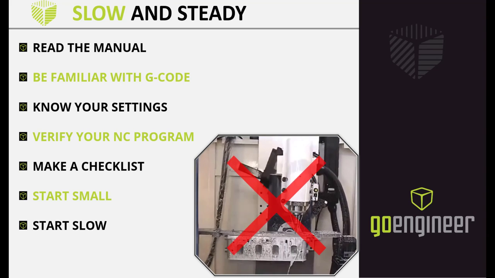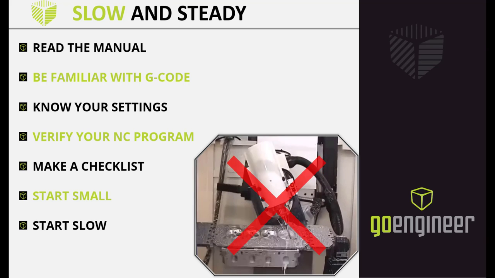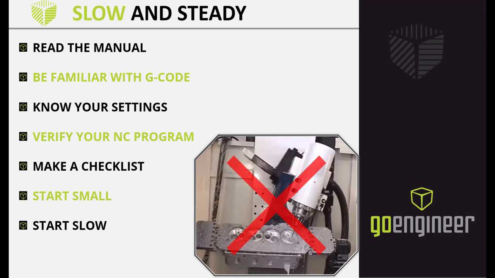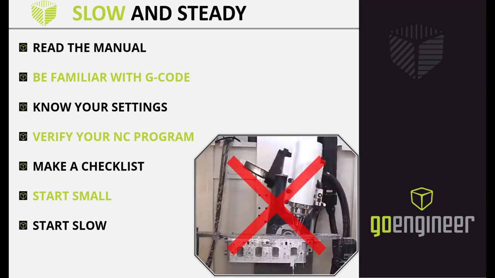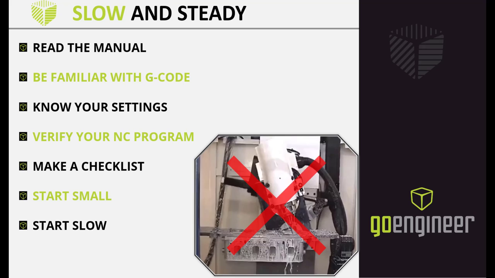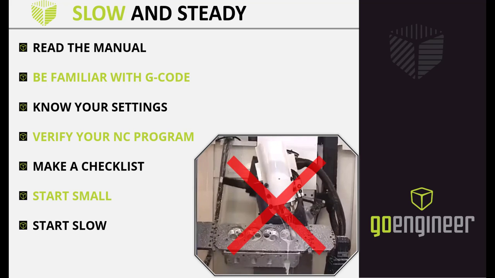Machining a plastic 2-inch block with a hole in the center is a good starting point. Always start slow. It's standard practice to decrease the rapid speed when running a program for the first time and to have your finger in position ready to press the stop button at a moment's notice.